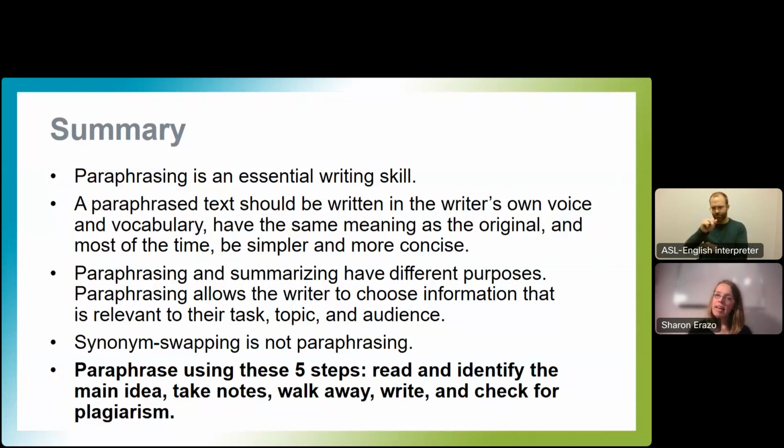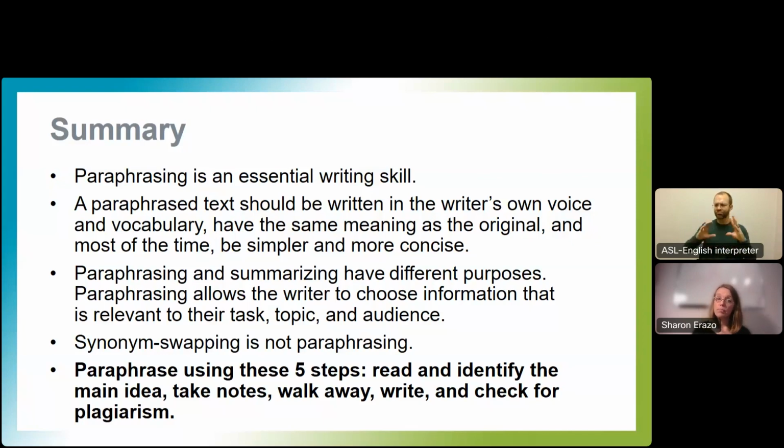So just in summary then, I want to note that paraphrasing is an essential writing skill. And it also includes a lot of essential reading skills as well. When we're paraphrasing, we want to write in our own voice, using our own vocabulary, still staying true to the original meaning. And most of the time, we'll find that our paraphrase text will be simpler and more concise.